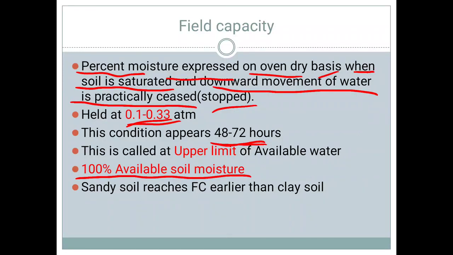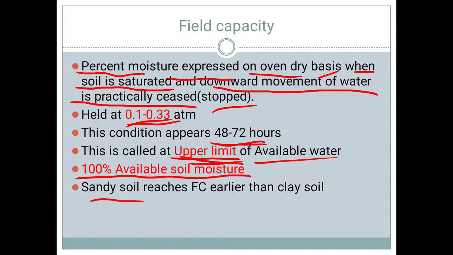Because we have got air as well as water, and whatever water or moisture is present in the soil can be easily absorbed by the roots, and therefore 100% water present in the soil is available to the plants. And therefore this is called the upper limit of available water. 100% water is available, that is the uppermost limit of available water.